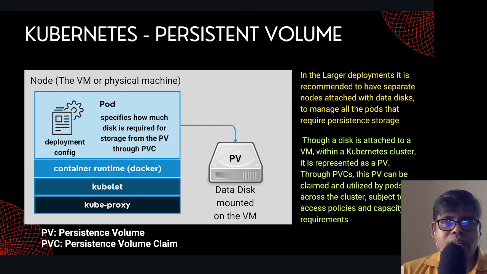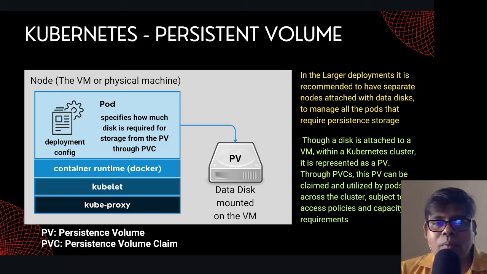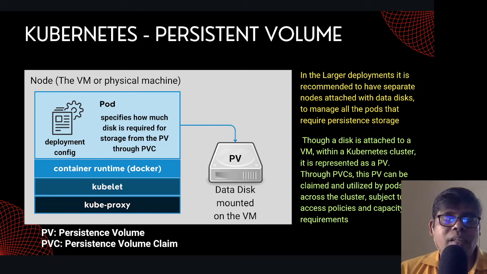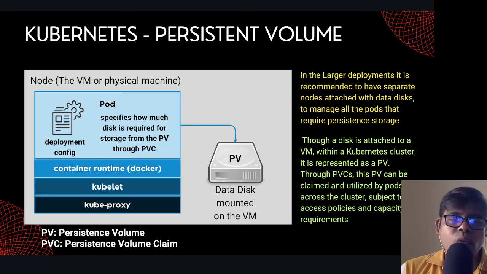Okay, 10 GB data only we wanted. So in our pod deployment specification we will say, our Postgres pod requires 10 GB data. That 10 GB is a claim that this pod is making on the persistent volume. That is the difference between PV and PVC.